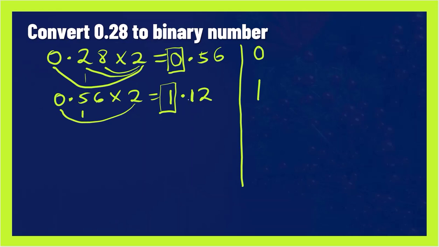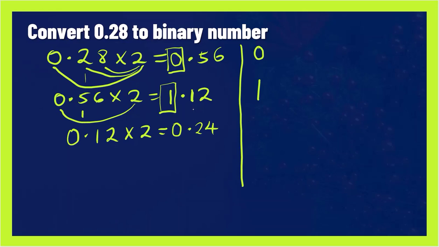So like having 0.12 will be the next part. We write that as 0.12, and you're going to multiply this by 2. So 2 times 2 is 4. 2 times 1 is going to give us 2. Then put our decimal point. Then 2 times 0 will give us 0.